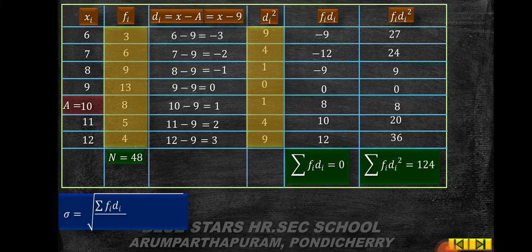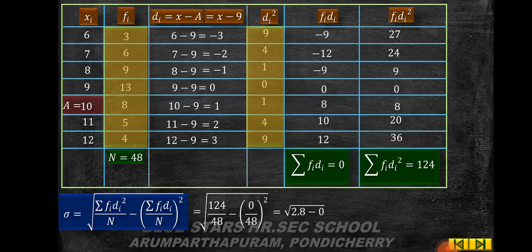So sigma is equal to root of summation Fi di square by capital N minus summation Fi di by capital N the whole square, since capital N is nothing but summation Fi, the frequency, which is equal to root of 124 by 48 minus 0 by 48 the whole square, which is equal to root of 2.8.